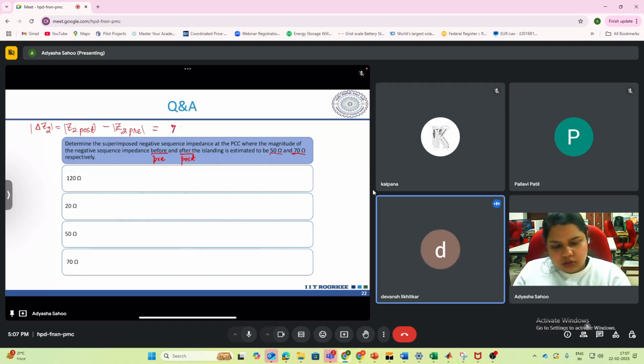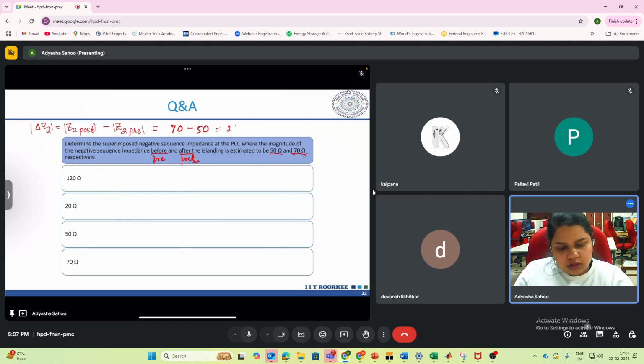That will be 70 ohms, you see, post is 70 ohms. 70 ohms minus 50 ohms will be 20 ohms.